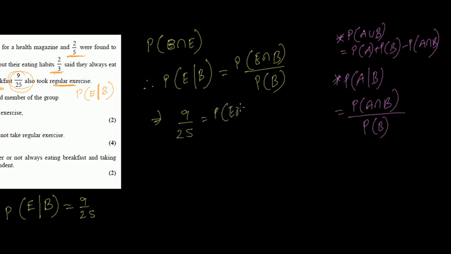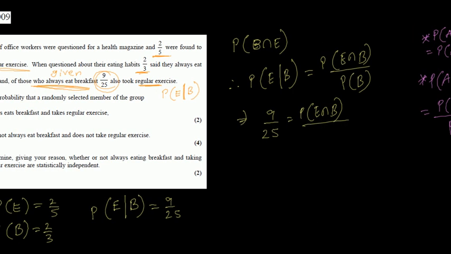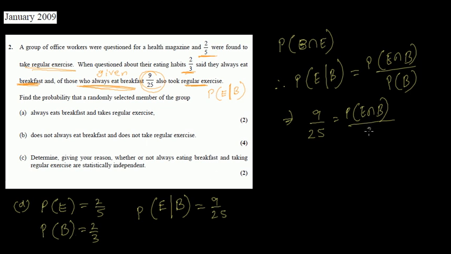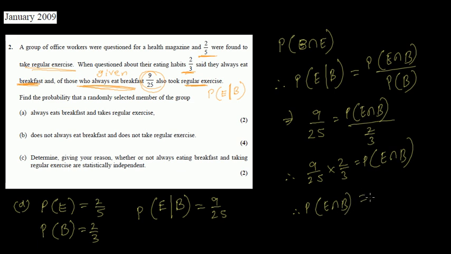Probability of E intersection B is what we have to find out, and the probability of B is 2/3. Therefore 9/25 multiplied by 2/3 is probability of E intersection B. If we multiply, 3 3s are 9, so this would be 6/25.